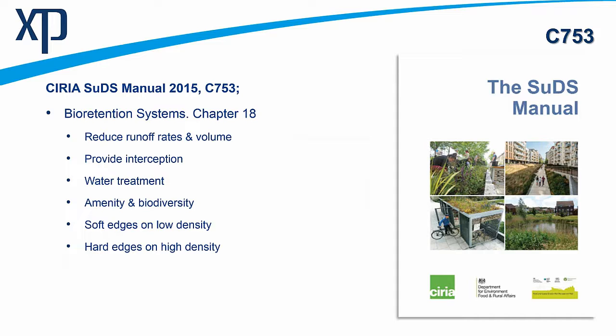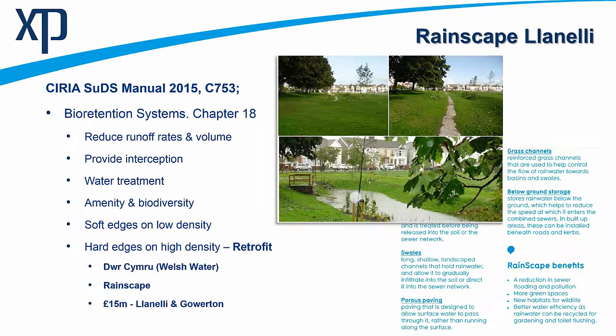And as I've mentioned previously, with the soft edges, we can use those on relatively low density developments where you have the space with the 1 in 3, 1 in 4 side slopes. Or if you're restricted on space, there's no reason why we can't incorporate such things, but with hard edges to restrict the land take.